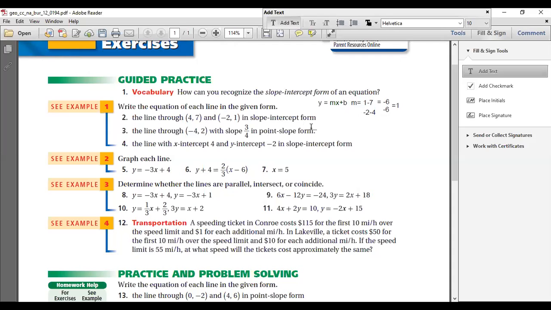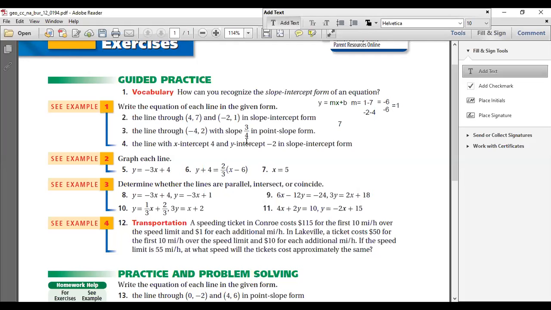With the help of this, let's find the y-intercept. To find the y-intercept, we'll use the form y is equal to mx plus b again. Let me choose any one coordinate. I will use this coordinate because both of them are positive, so it's easy for us to solve. I substitute the first pair in y equals mx plus b.